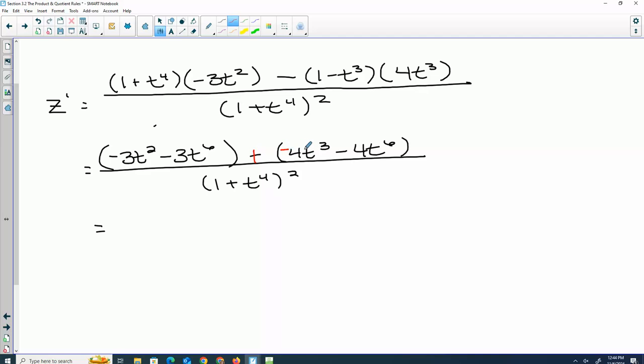Distribute my negative. We do have like terms. 4t to the 6th and negative 3t to the 6th is t to the 6th. We have a minus 4t cubed, minus 3t squared, over the 1 plus t to the 4th squared.